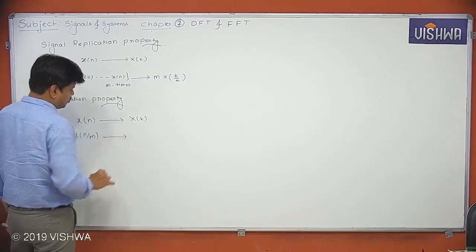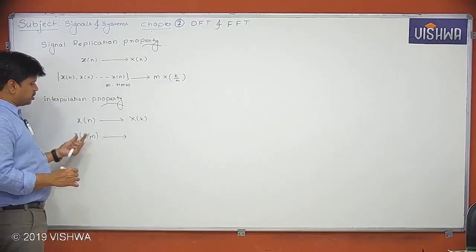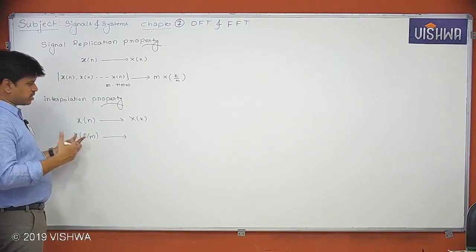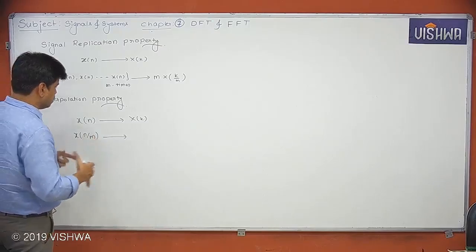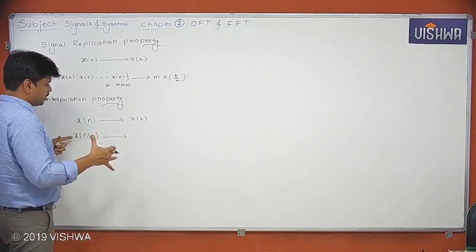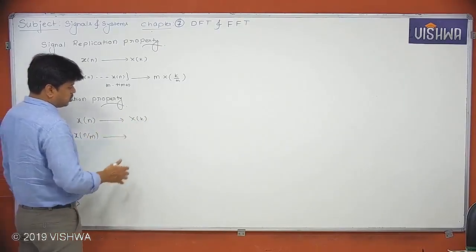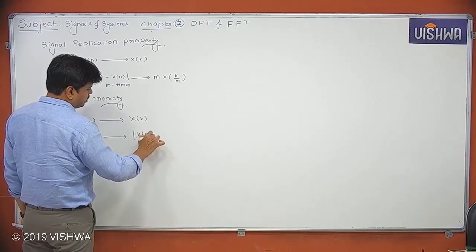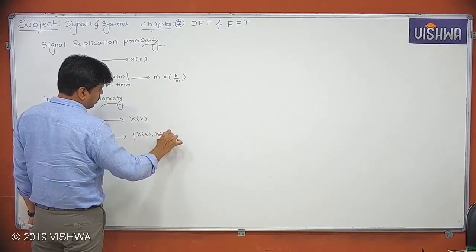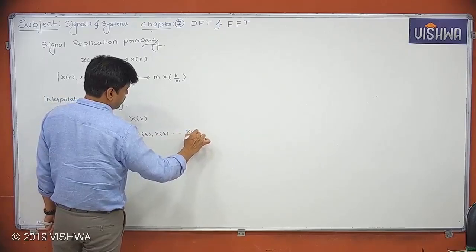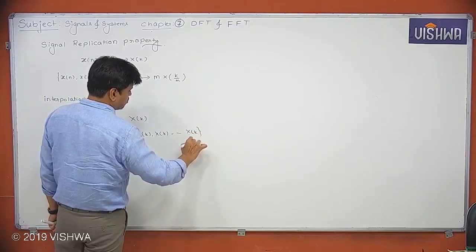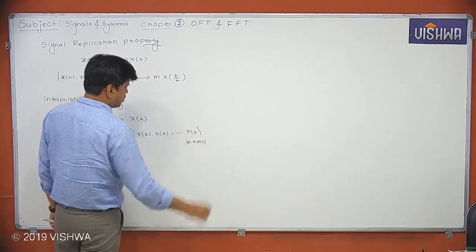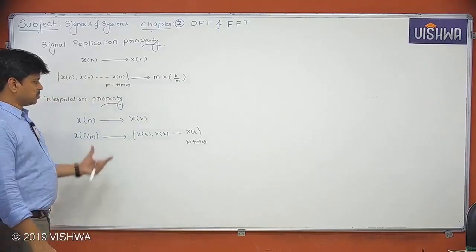If you take x of n by m, this is going to insert m minus 1 zeros, so finally the signal will be expanded. Then we have to expand the DFT also. So how is it going to be? Simply we have to take x of k, and so on, x of k, m times. We have to write it m times. Is that clear? Check it.